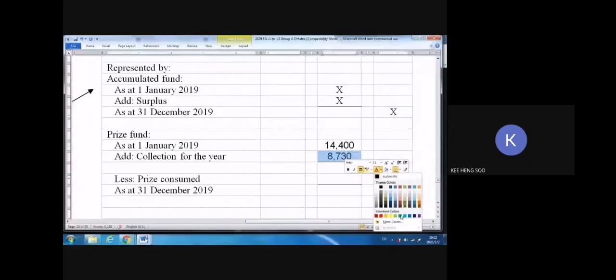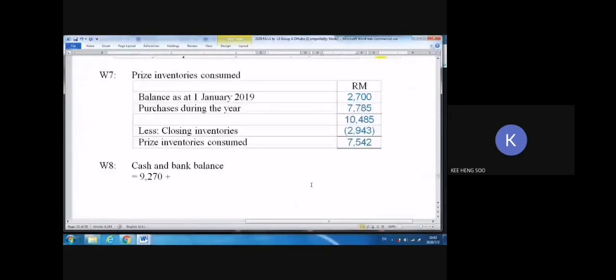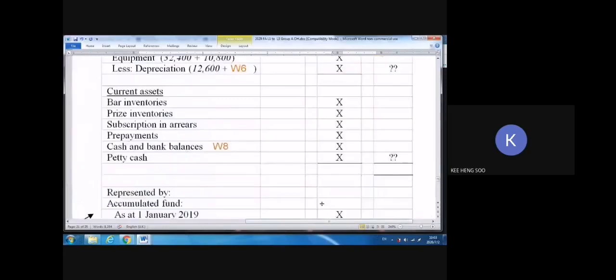So I add up together. And how much did I use up for the prizes? Remember just now the prize account? Prize inventory, consumed, telah digunakan. People donate the money, I go and buy the prizes. Then at the end I still have 7,542. This one is already used up, telah digunakan. So I minus the 7,542.